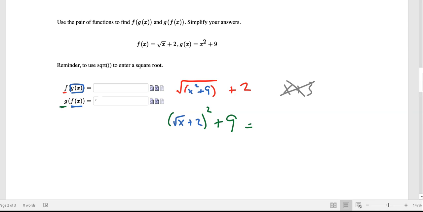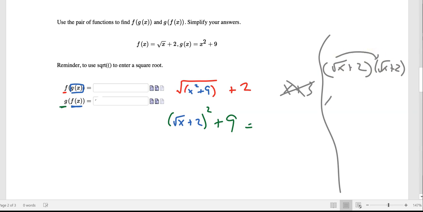Say, okay, well, if I do some scratch work off to the side here, and I have square root of x plus 2 times square root of x plus 2. When I distribute those, square root of x times square root of x is just x. Square root of x times 2 is 2 square root of x when I multiply there.